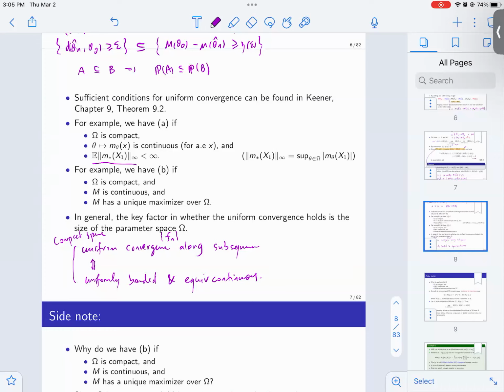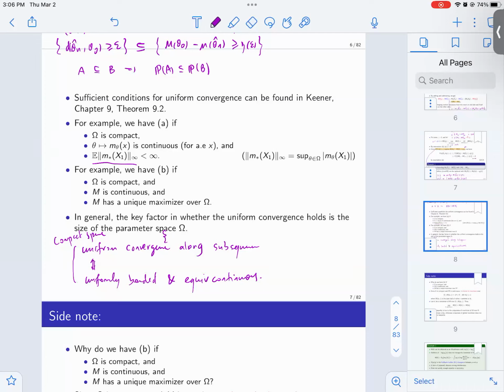Is it more about saying how continuous they are? Yes, you can specify how continuous they are. This just says regular continuity, just for every x. The question is about the family.